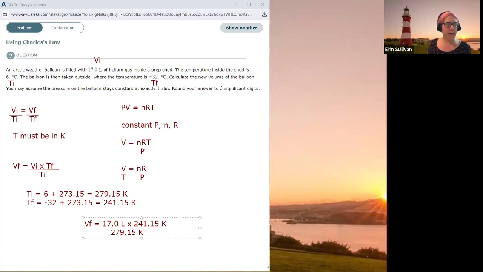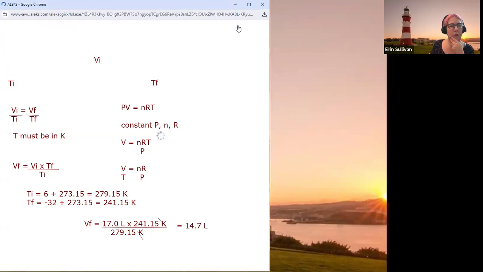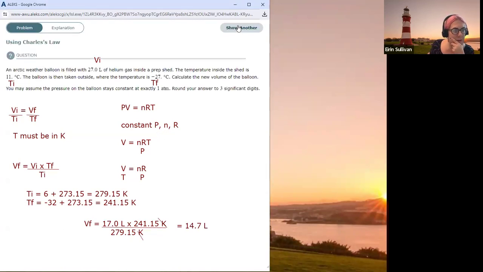So I get my units cancelling out as they should, giving me my final volume in litres. I'm expecting it to be smaller, so 17 times 241.15 divided by 279.15 gives me a volume of 14.7 litres to 3 significant digits.